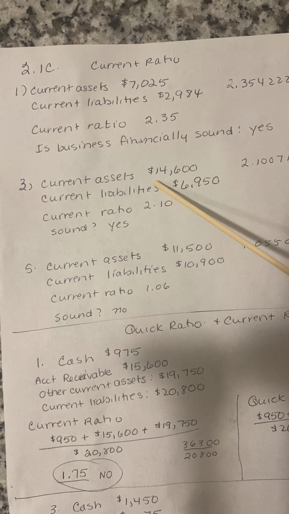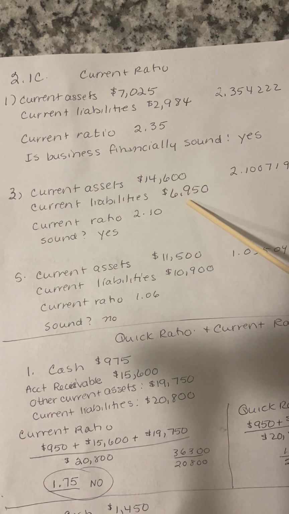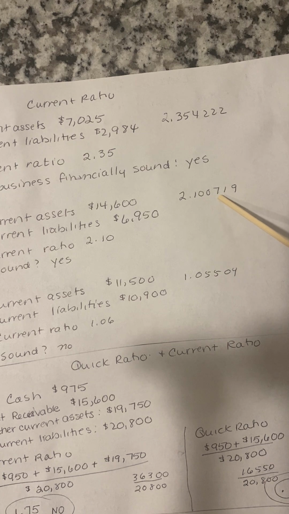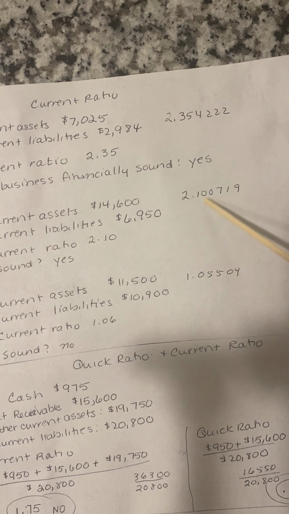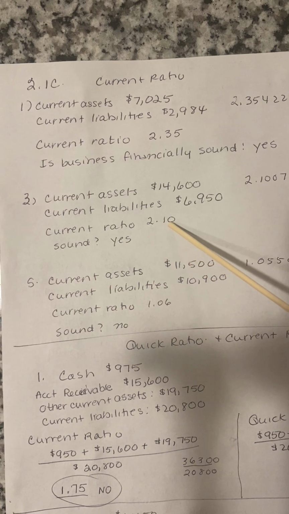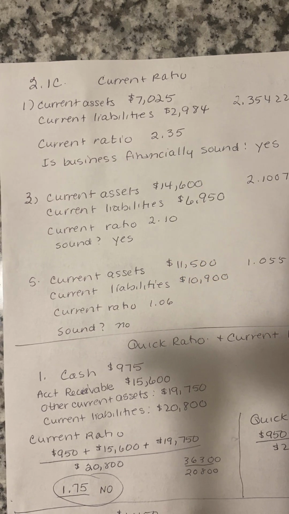Current liabilities, you're going to divide 14,600 by 6.9, and you get this number, 2.100. You round it to the nearest hundredth, so the ratio is going to be 2.10. Is it sound? Yes, it's above 2, so it's sound.